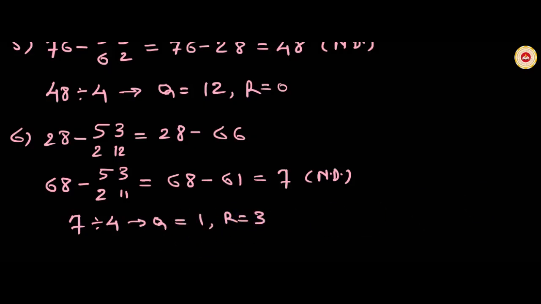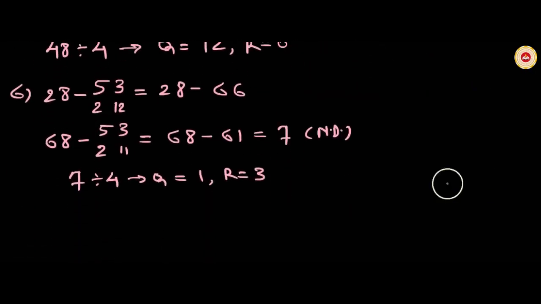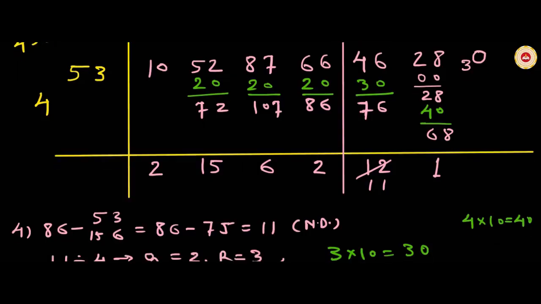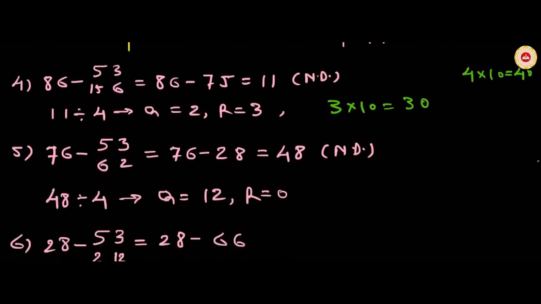So write quotient 1 below gross dividend 68 and write remainder 3 as a prefix. Let us add a 0 at the right side of the dividend. This 0 is a single digit, so write 3 as it is. Now this 30 is the gross dividend.